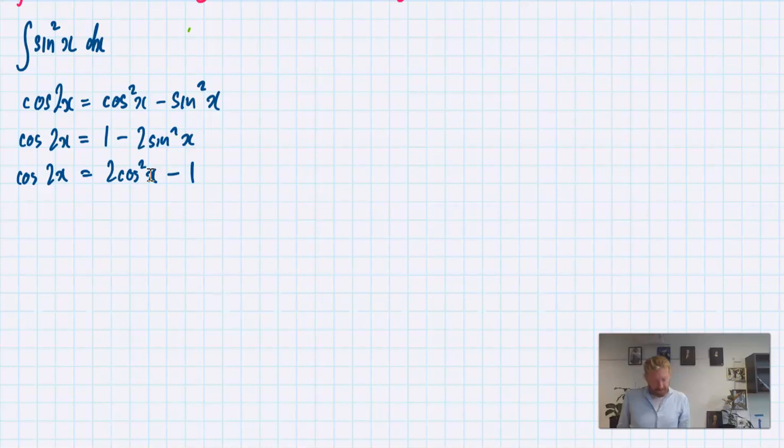Taking this one here, I could then say that sine squared x equals, just rearranging, a half minus a half cos 2x.